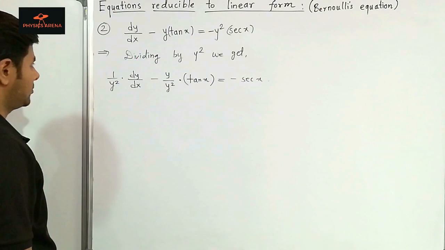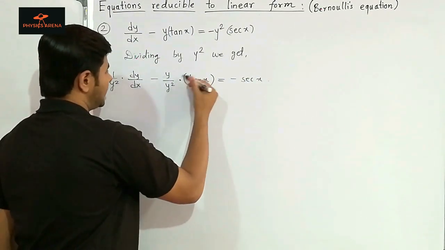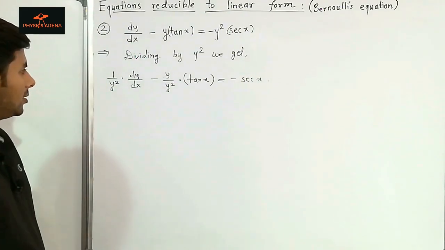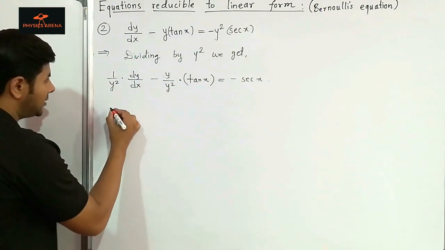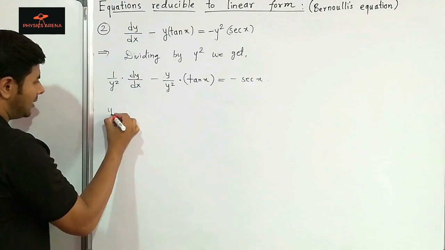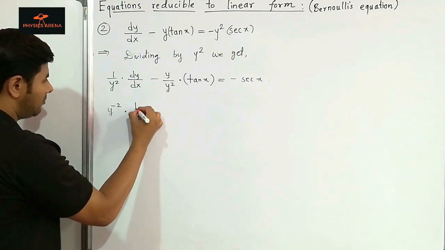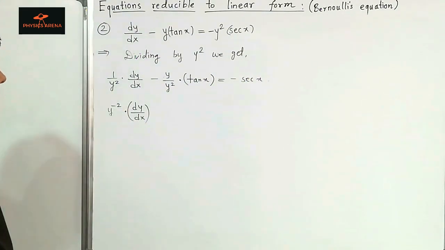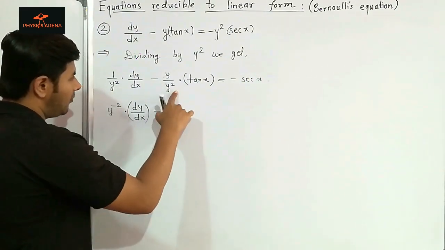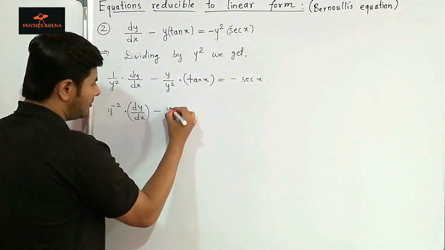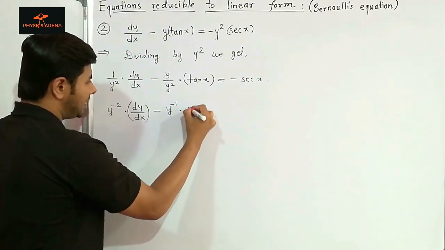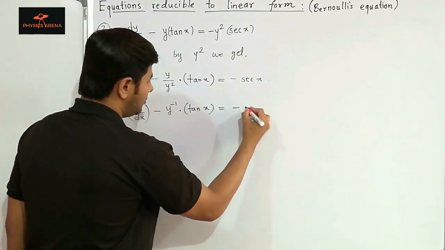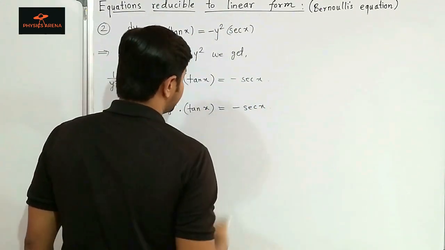This y gets cancelled out, and we have y in the denominator, and therefore we can rewrite this equation as y raised to minus 2 multiplied by dy by dx minus, we have y here, so in the numerator we can write y raised to minus 1 times tan x equals minus sec x.